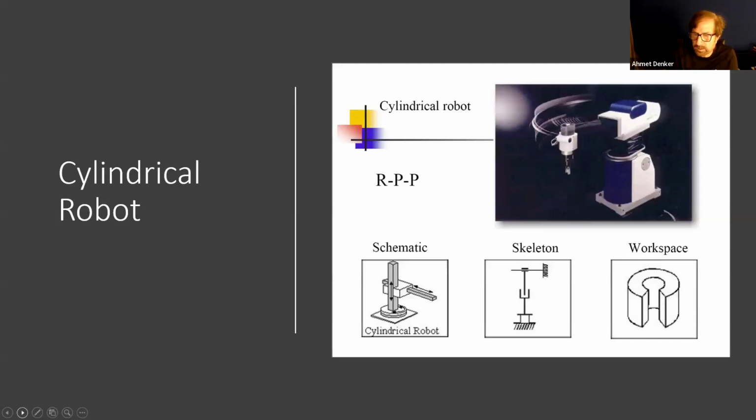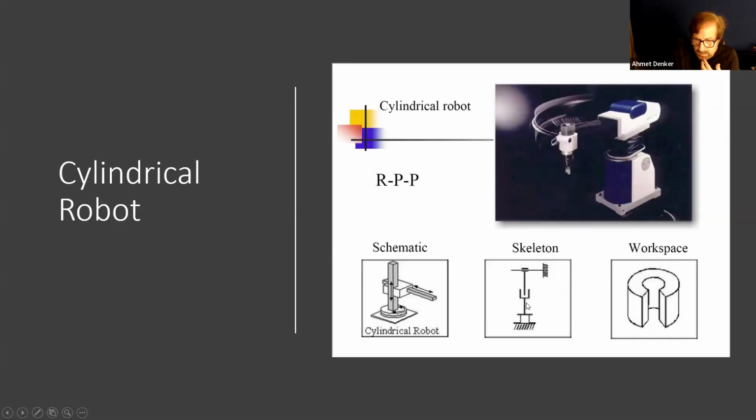RPP, we know now that it's a cylindrical robot. We can show it by one rotational or revolute joint and one translational or prismatic joint.